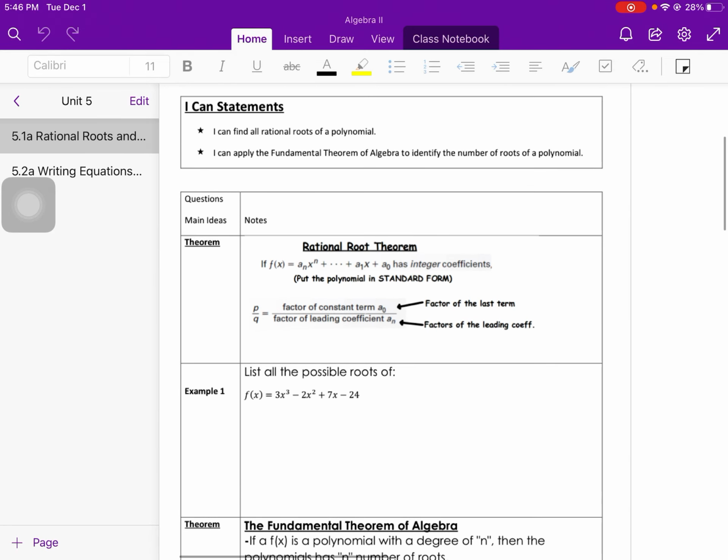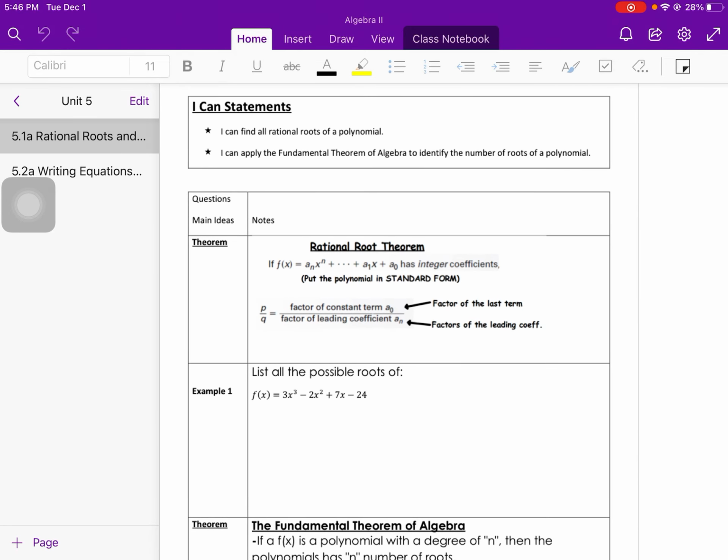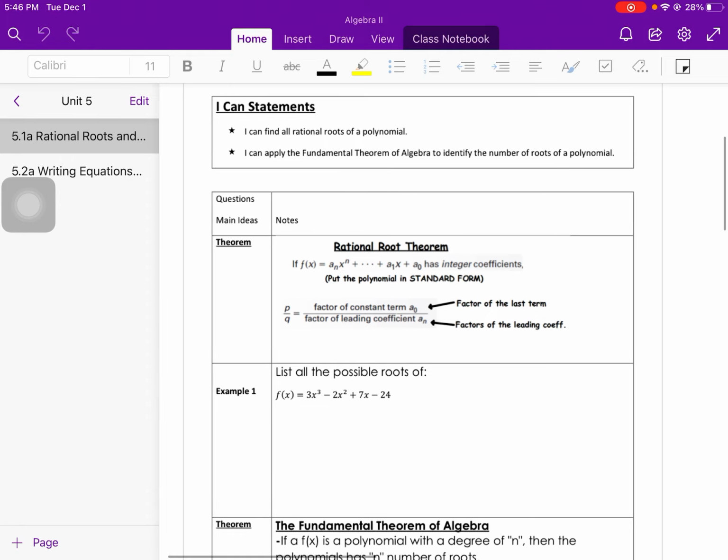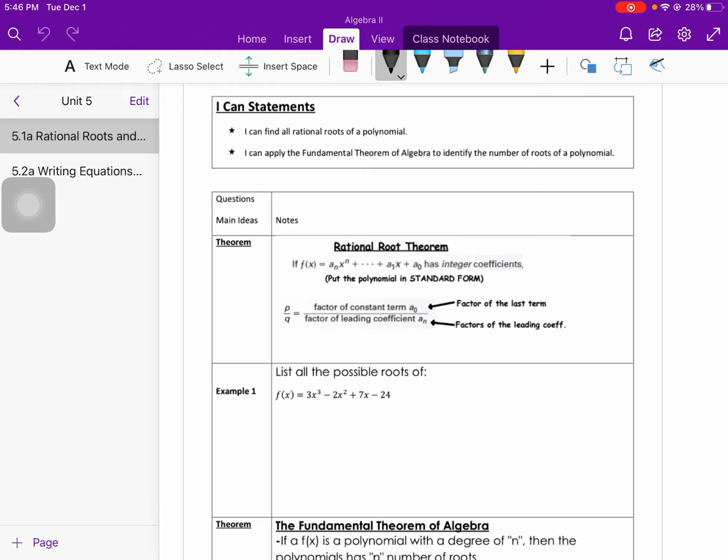So the rational root theorem states that for any polynomial, that's what this is up here, in standard form, which is like the fancy way of doing it, a sub n x to the n plus all the way down to a sub 0, which is just a constant. Don't worry about that. You're not going to memorize that or anything.